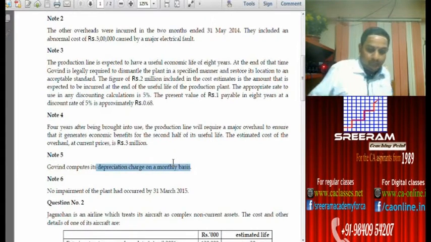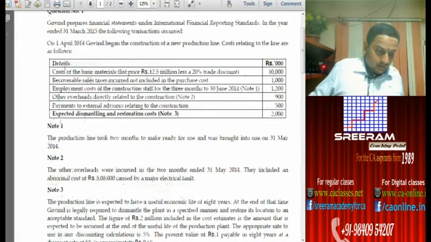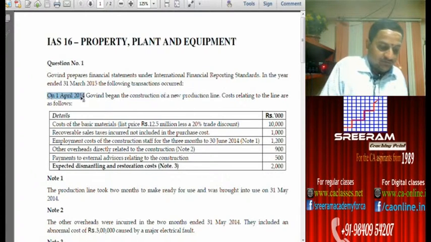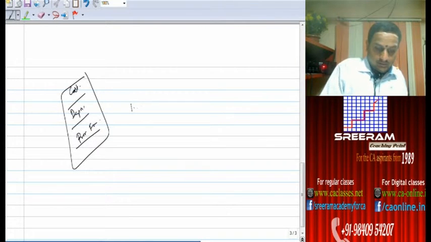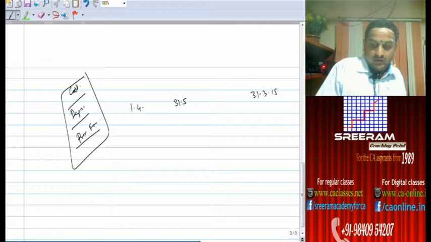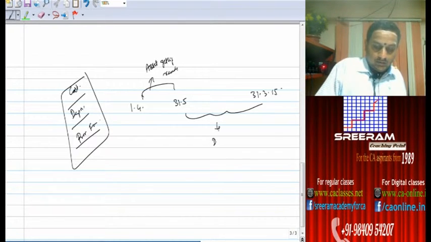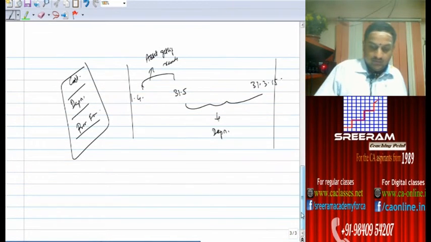So though we are having the asset, which has started construction of the new production line from 1st April, it is ready for use only by 31st May, and for the year ending 31st March 15, this is a stage during which the asset is getting ready, and for this period we will provide depreciation since he is charging on a monthly basis.